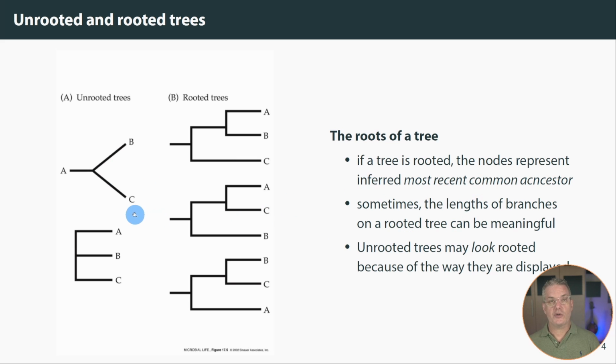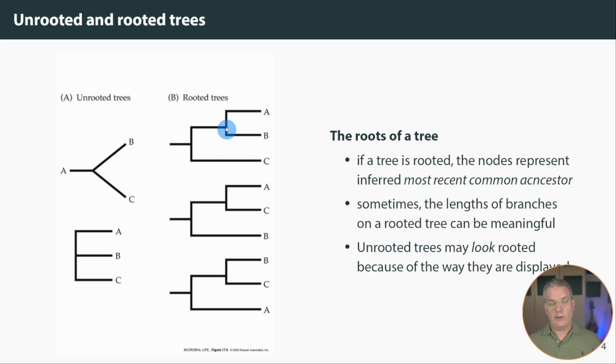And so the question of what is the most recent common ancestor of the data that's represented on the tree is not strictly answerable in the case of an unrooted tree, because we don't know. But when the tree is rooted, as it is here, so we see this branch here, but that root branch may not always be represented, but we see the root represented here.